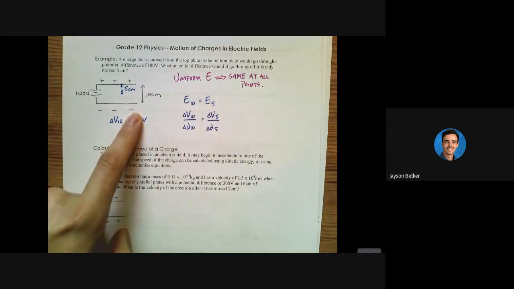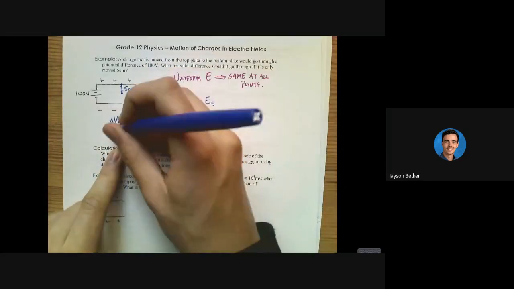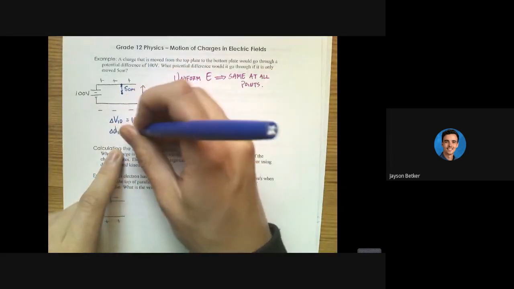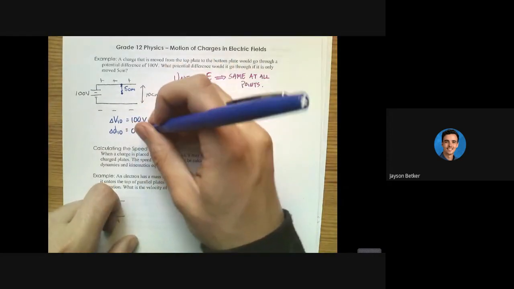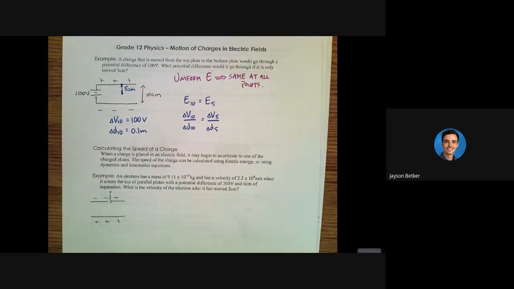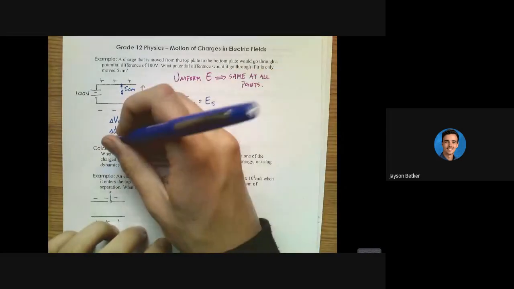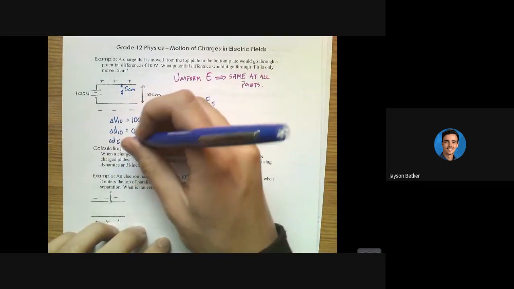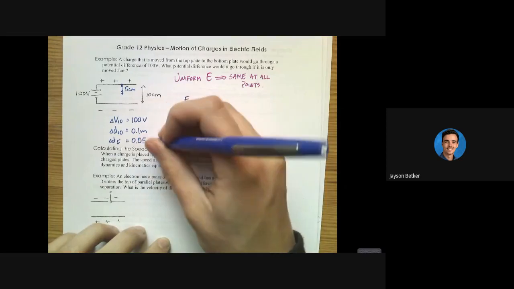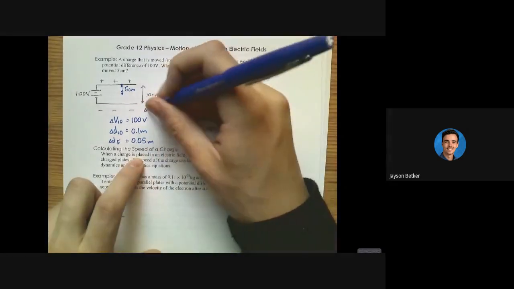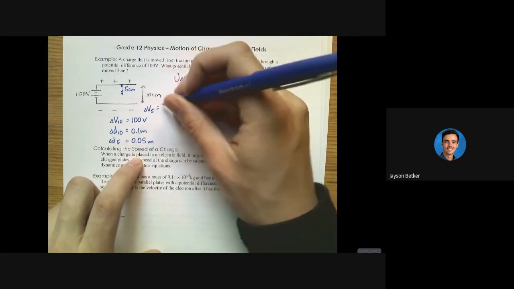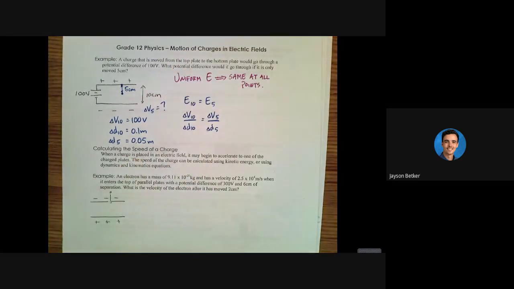Let's convert that to meters just to be consistent. So delta D10, if I have 10 centimeters, that's 0.1 meters. And then my delta D5, so 5 centimeters, is 0.05 meters if I do that conversion. What we're trying to find is delta V5, the potential difference at 5 centimeters.